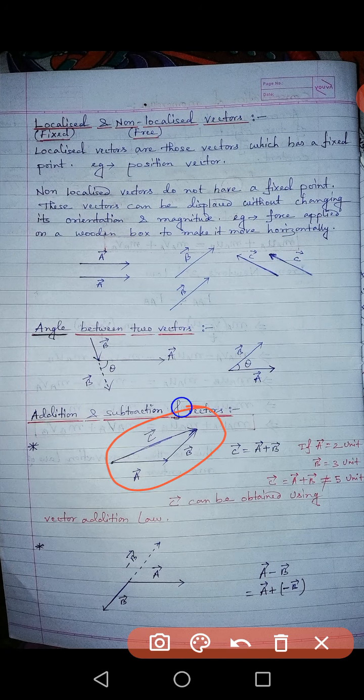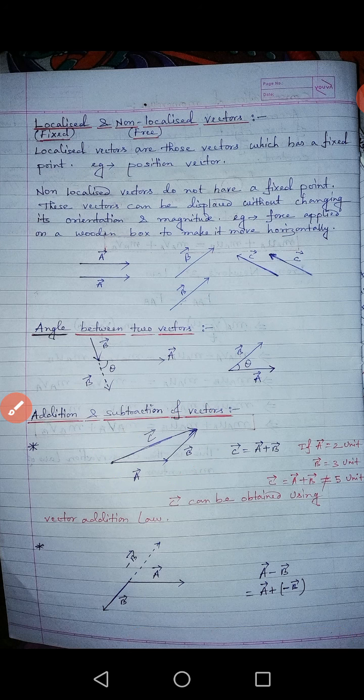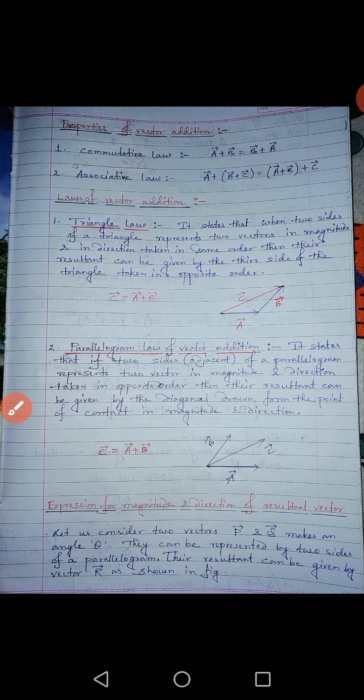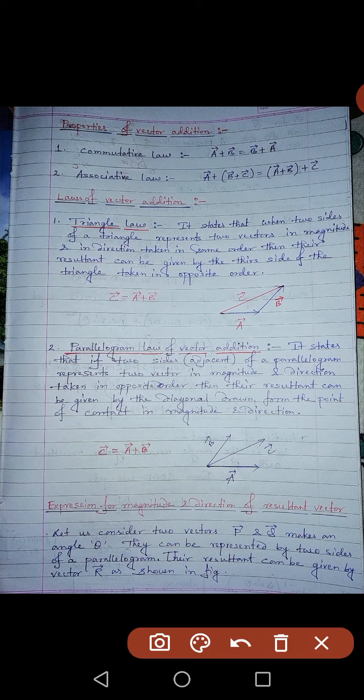This diagram and that diagram are the same. The triangle law of vector addition states that when two sides of a triangle represent two vectors in magnitude and direction taken in the same order, then their resultant is given by the third side of the triangle taken in opposite order.